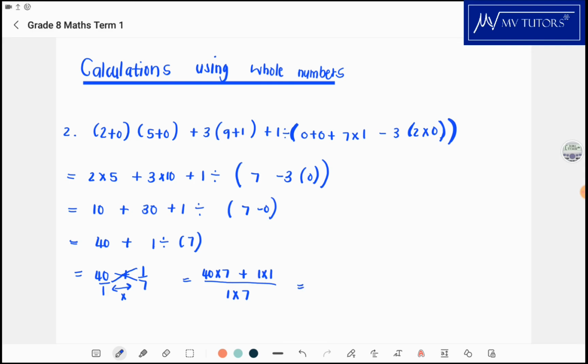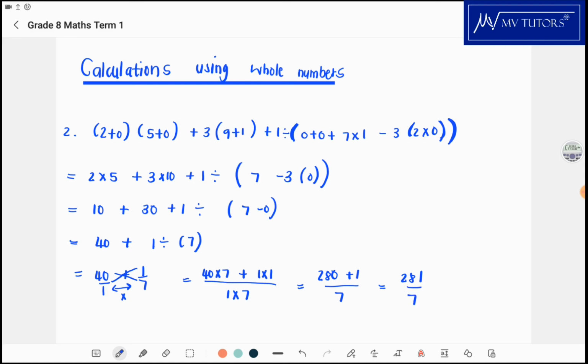What is 40 times 7? Think about it. 4 times 7 is 28. Okay, so with that 0 there, we're going to have 280. And then I have plus 1 all over 7. So my answer then is 281 over 7. And we can stop it there.